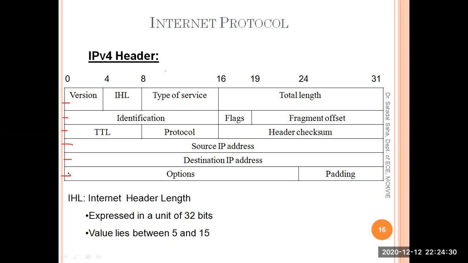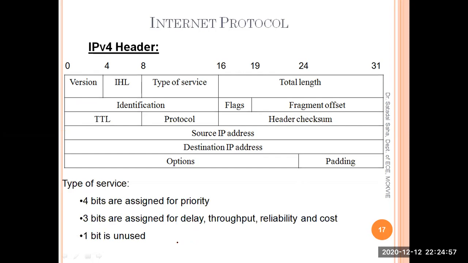These options may contain multiple rows, that means multiple 32 bits. So accordingly, the length may increase one after the other. The maximum, there will be 10 rows for the options. So it can lead to 10 different counts of IHL. So maximum IHL value is 15, whereas the minimum value is 5. So IHL range is from 5 to 15.